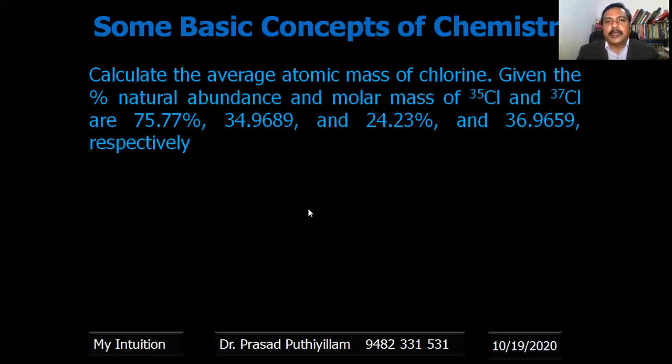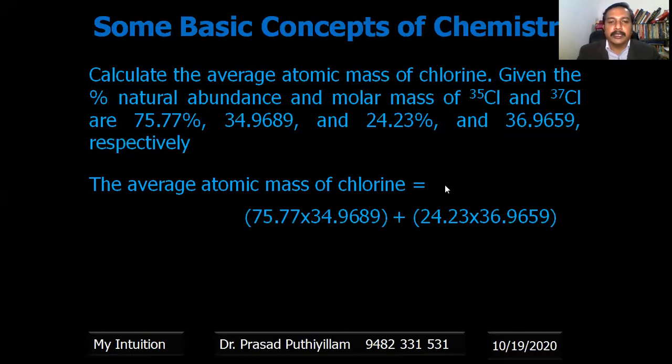Calculate the average atomic mass of chlorine given the percentage abundance and molar mass of isotopes. Chlorine 35 and chlorine 37 are two isotopes of chlorine, with 75.77 percentage and 34.9689, and 24.23 percentage and 36.9659 respectively. Therefore, the values are given.